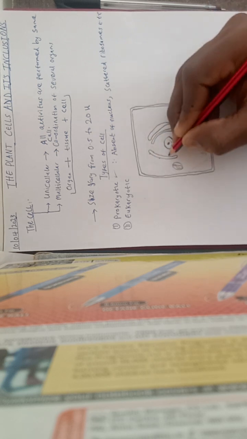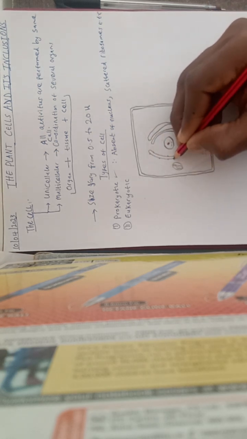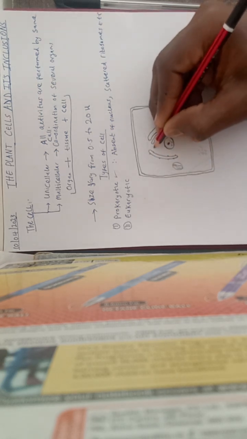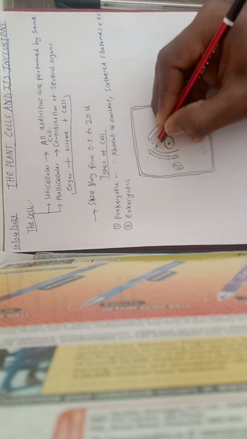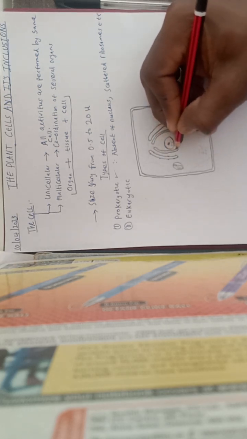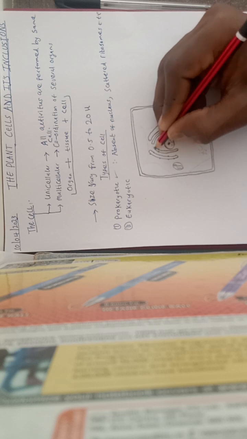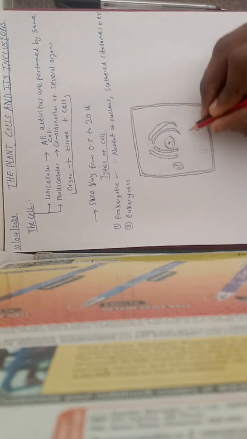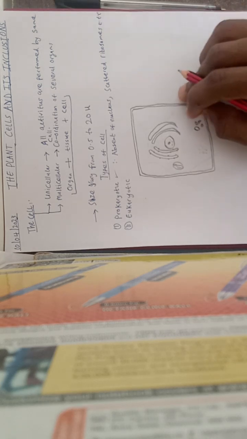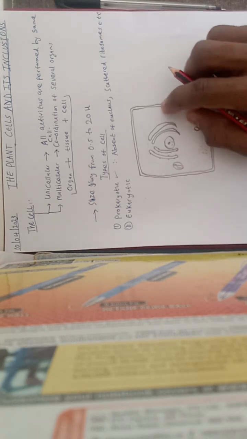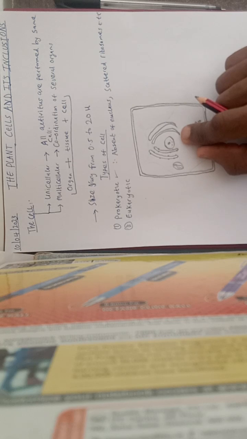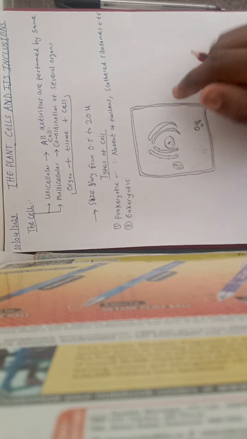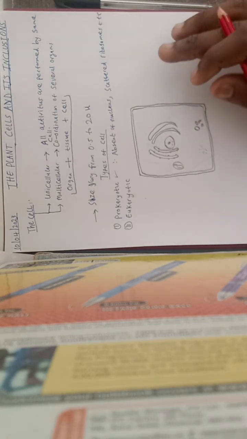So as you can see, I'm drawing the rough endoplasmic reticulum right now. I'm going to draw another additional one here. So yes, very good. And inside this place the cytoplasm fluid is there, and the nucleus is here. Cell wall, yes, the cell wall is here.